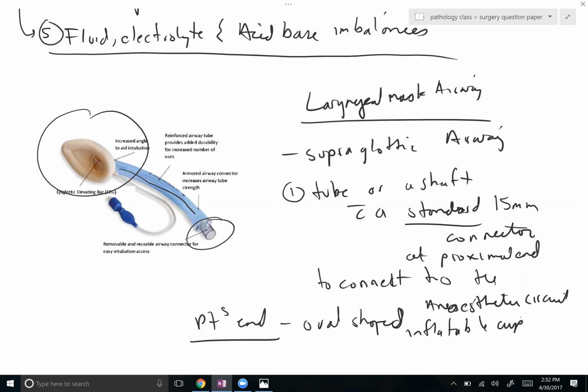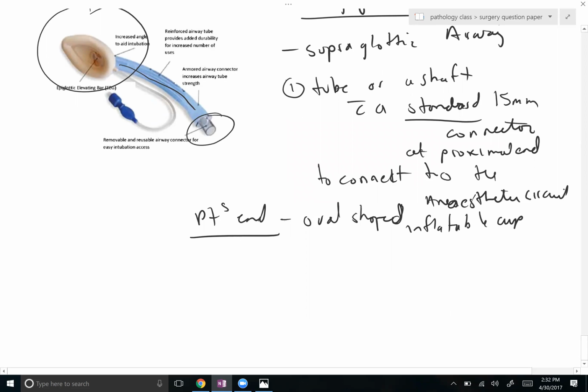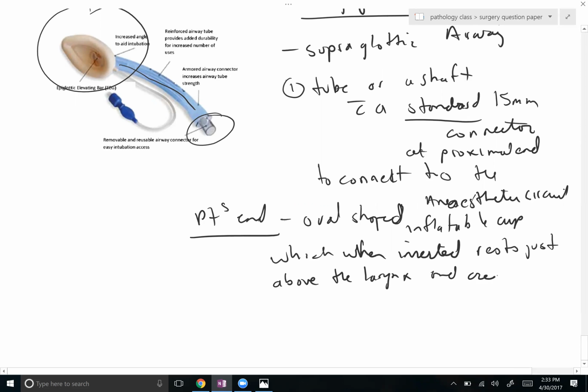Which, when inserted, rests just above the larynx and creates an airtight seal.